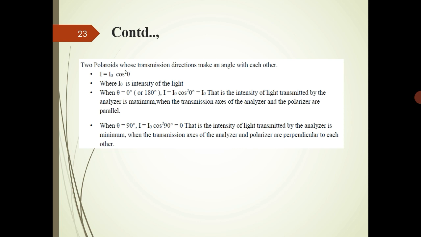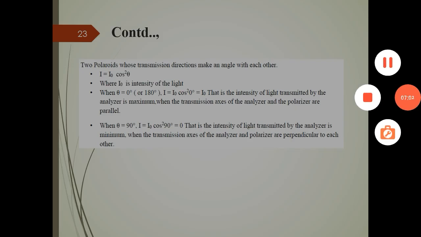When theta is equal to 90 degrees or 270 degrees, automatically I is equal to 0. So the intensity of the light transmitted by the analyzer is minimum when the transmission axes of the analyzer and the polarizer are perpendicular to each other.